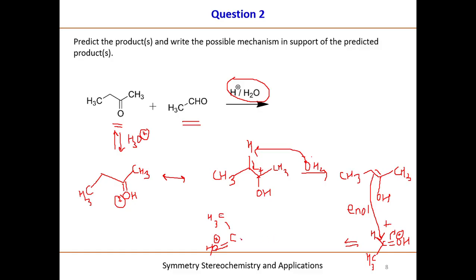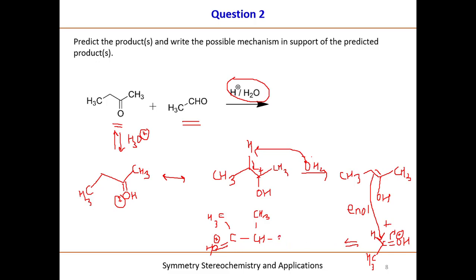CH. This was the enol. I'm writing this way. Okay. And it attacks on this carbon atom. So this was the enol part and this CH has attacked on this carbonyl carbon atom.